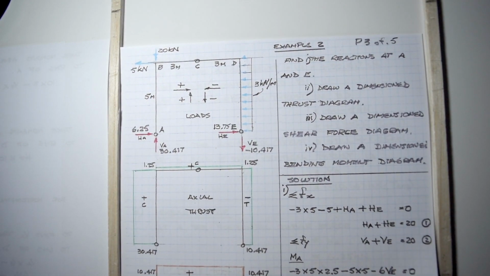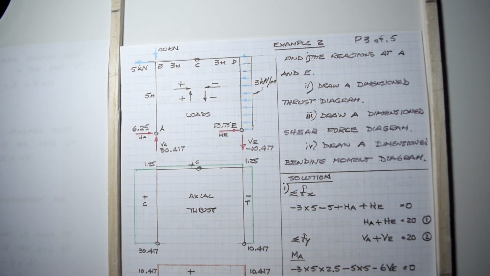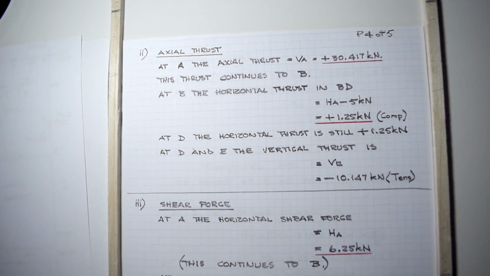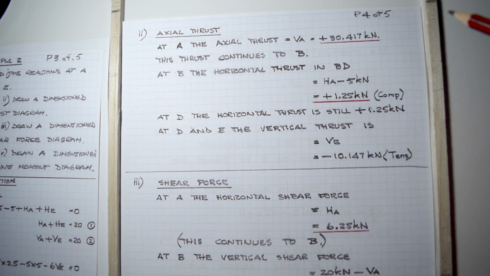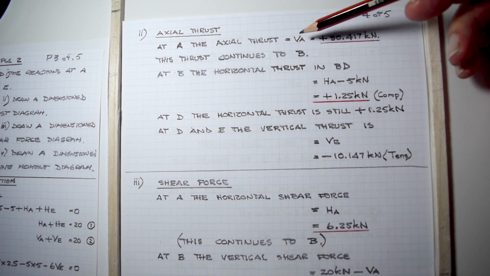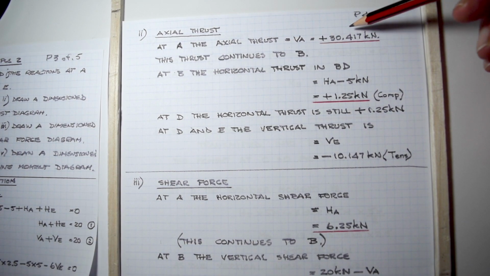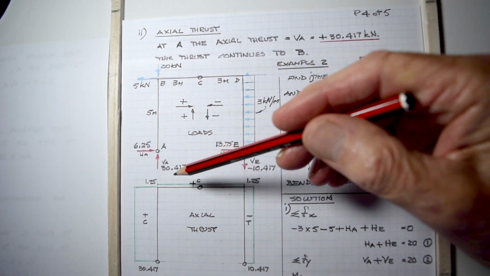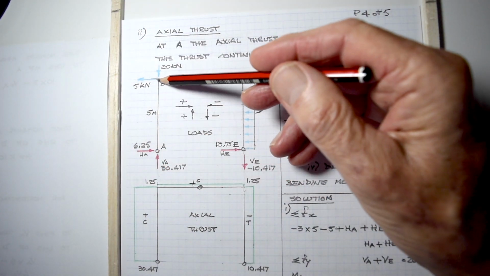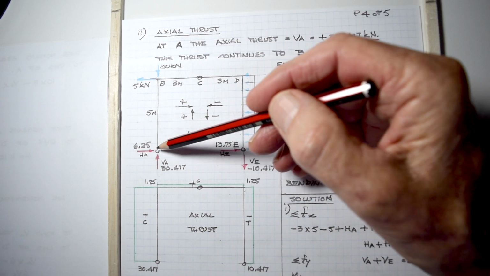So moving on, we're going to look at the axial thrust. At A, the axial thrust equals VA equals 30.417 kilonewtons. There it is. That there is squeezing this column, or tending to crush that column.